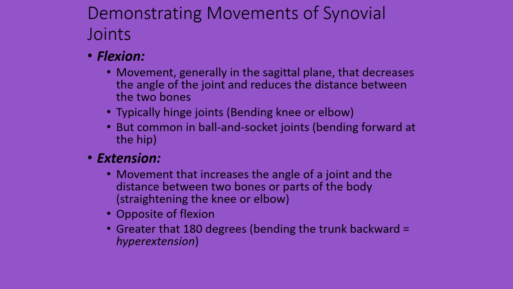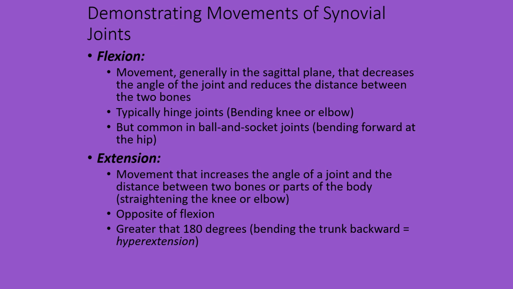Flexion and extension. Flexion, typically, is going to be at a hinge joint like your knee, bending the knee. With extension and flexion, you're looking at the angle of the joint. Are you decreasing that angle, reducing the distance between the 2 bones, such as in flexion?